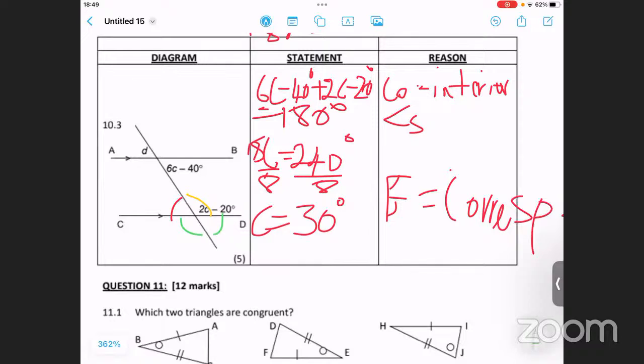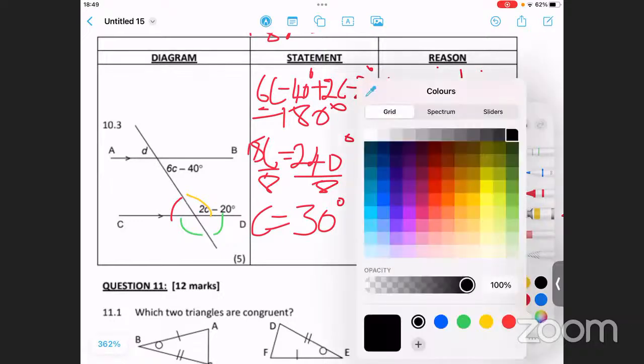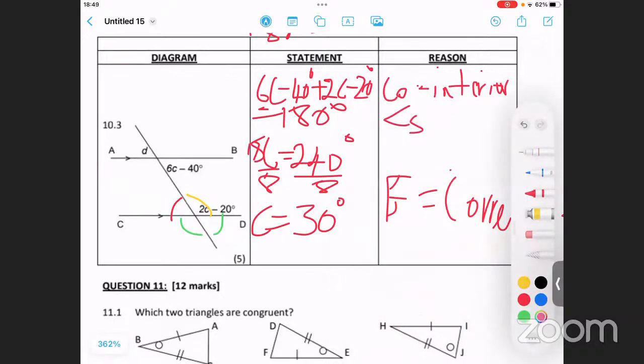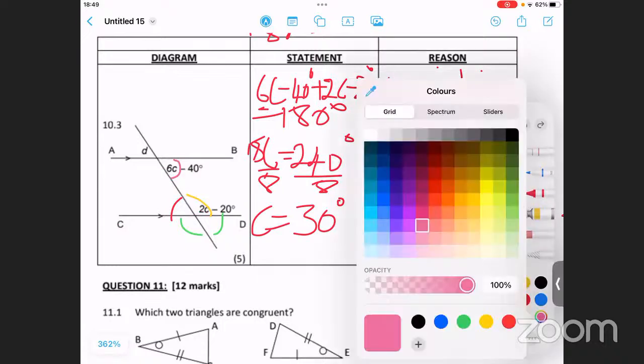And again, let me try to change the color, maybe this one. So we can also use this one because this is a Z there. So this is going to be equal to that. Let me cancel Z. And again, we can use which one?